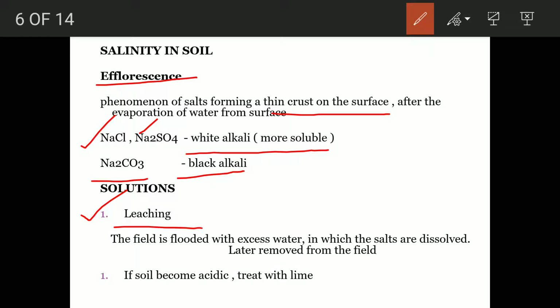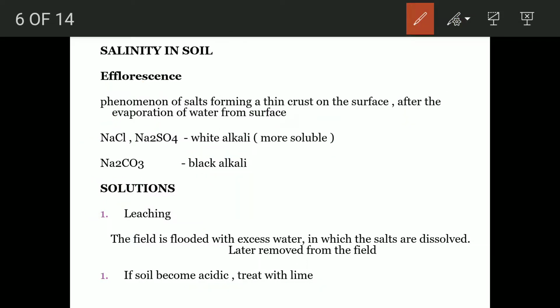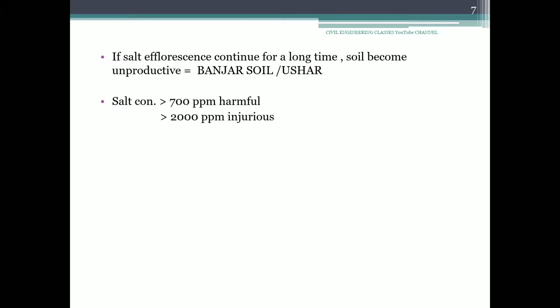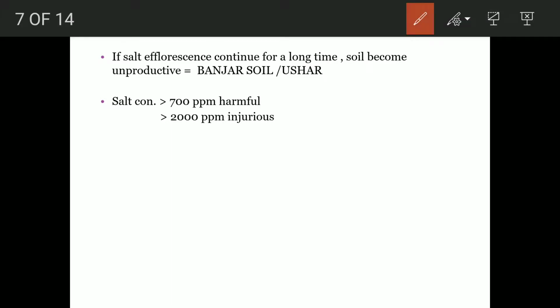Also, due to the increased salinity, there is a chance that our soil will become acidic. If the soil becomes acidic, we have to treat that with a base like lime. So, these are the solutions for reducing the salinity of soil. If the salt efflorescence continues for a long time, if you are not taking the necessary measures to improve the soil condition, this precipitate will get accumulated in the soil and the soil will become unproductive.